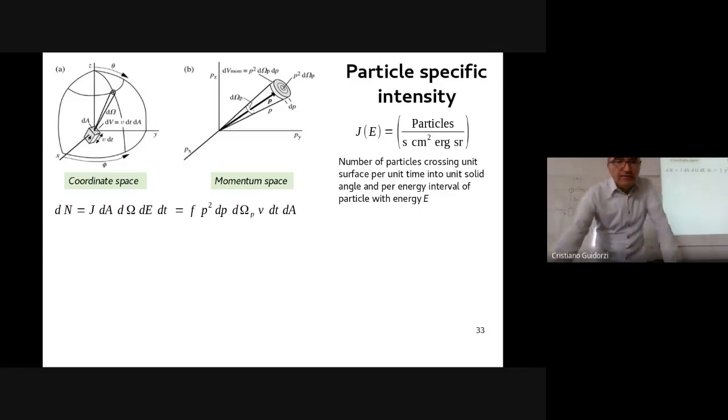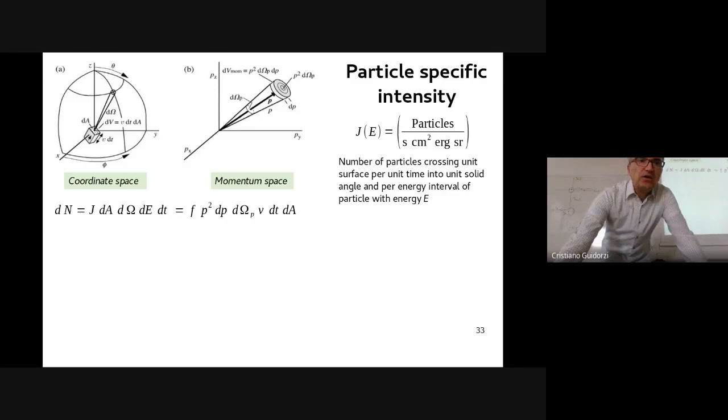All this quantity following here, all these terms, is just dV. Let's see why. dV in the phase space is just the product of a dV in the coordinate space times the corresponding elementary volume in the momentum space. So that's why we need the two spaces. That's why I drew both of them.